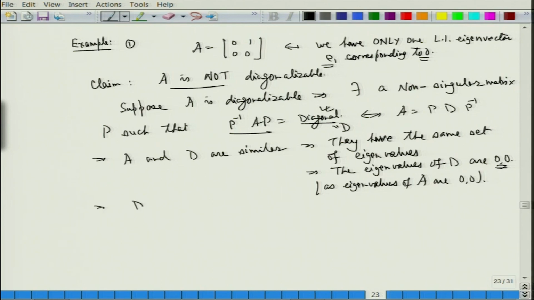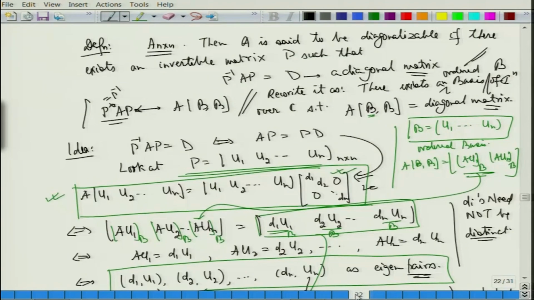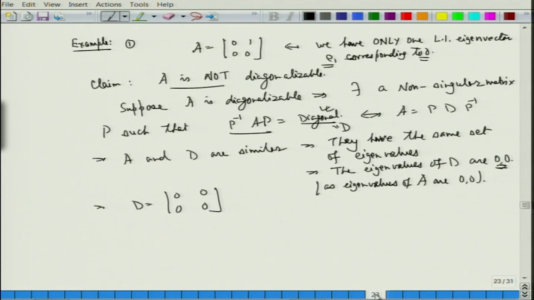This is what we saw in the previous slide: D1 to Dn were the eigenvalues whenever I have diagonalizability. Therefore A will look like P times the 0 matrix times P inverse, which is the 0 matrix, but A is not 0; A is 0 1 0 0. So there is a contradiction.